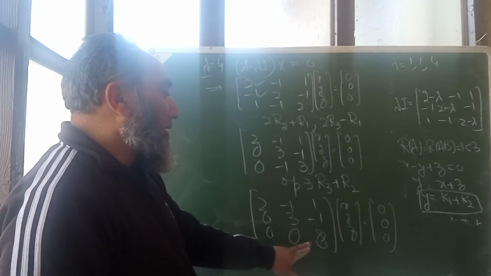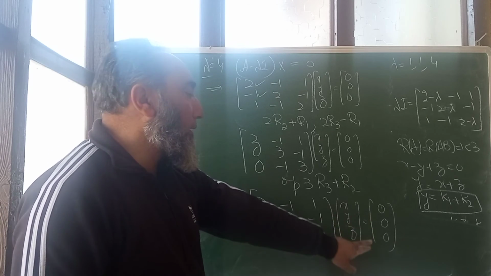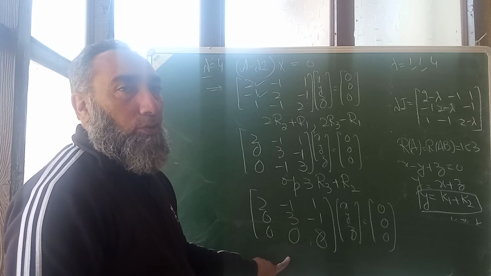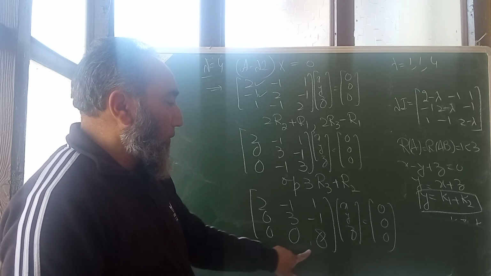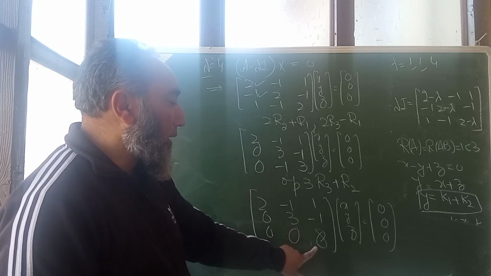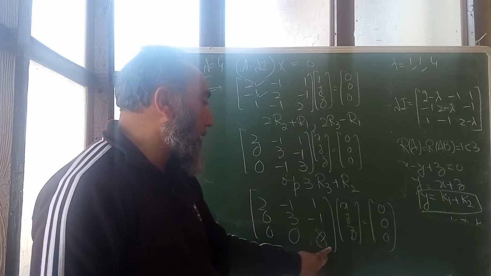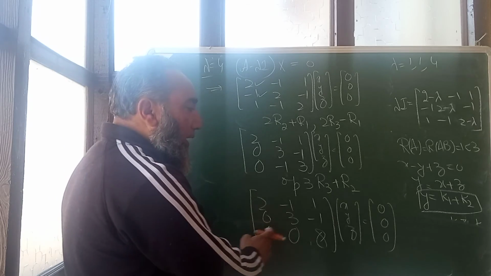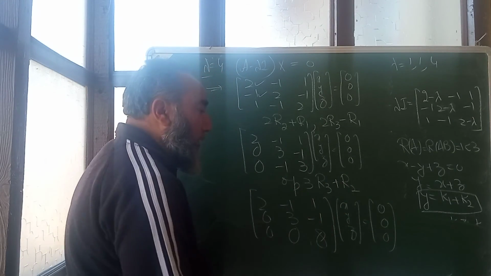So you can see rank is 3. Rank of AB is 3. Numbers are known, so there is only a 0 solution, because you have 8z equals 0 means z equals 0. Rank of A is 3, rank of AB is 3, number of unknowns are 3.